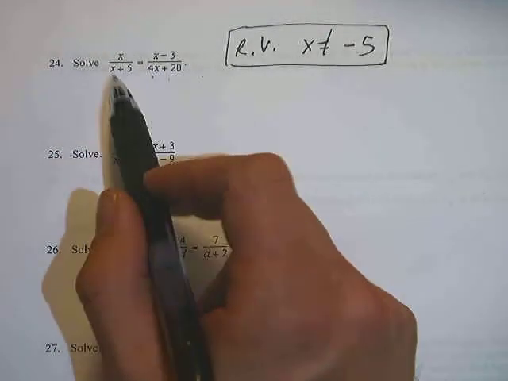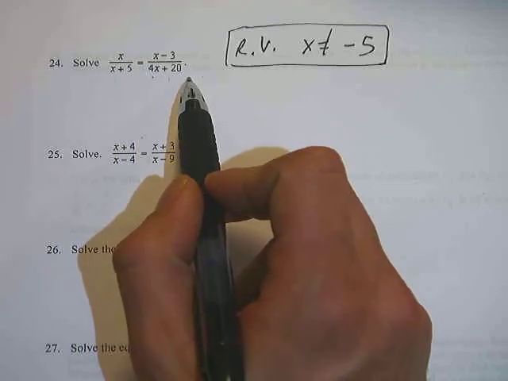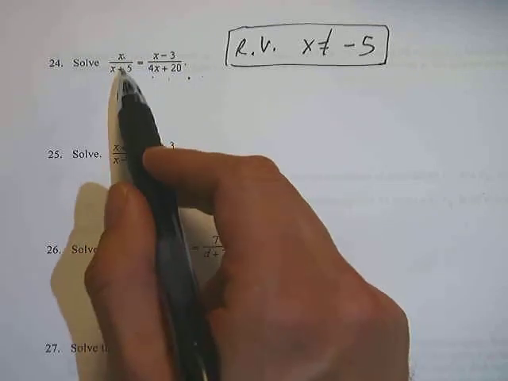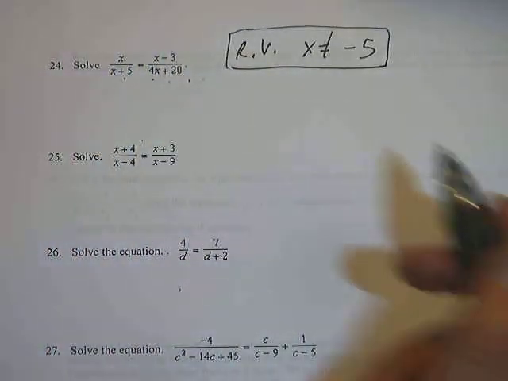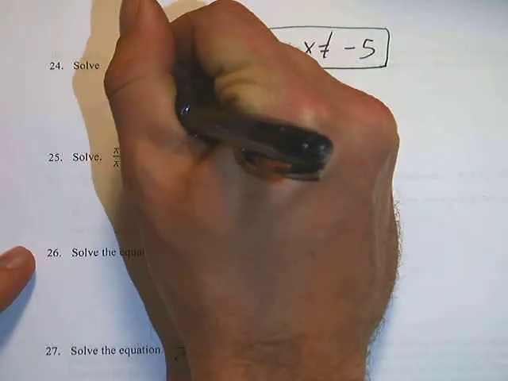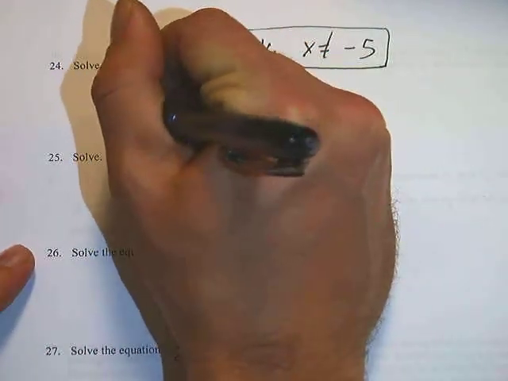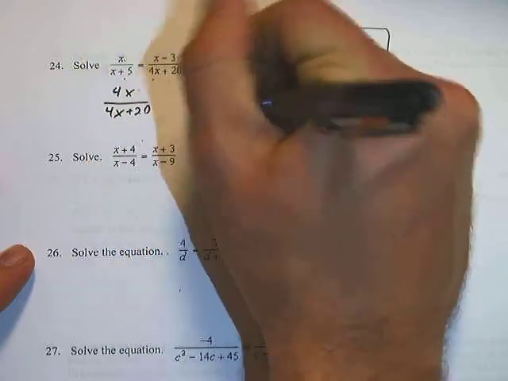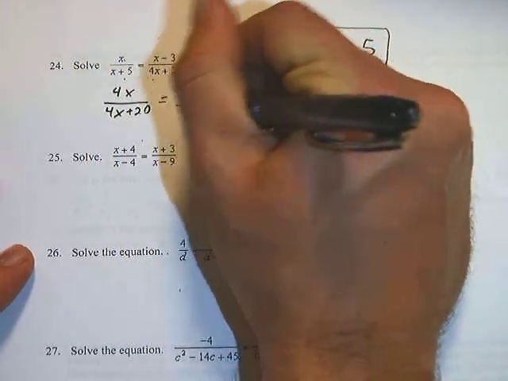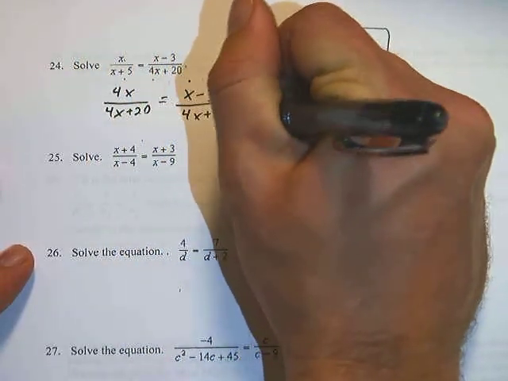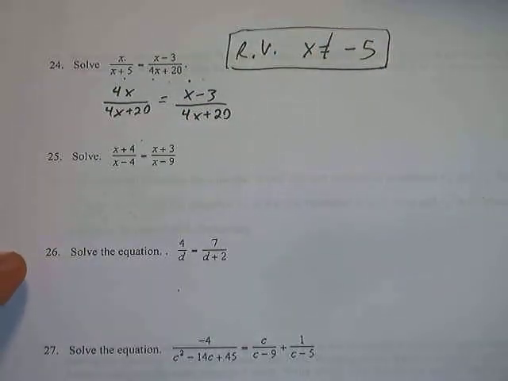Now that's actually going to inform what I do next. I'm going to try and make this denominator look like this denominator. The way I'm going to do that is multiply the top and the bottom of the fraction by 4. That's going to make this 4x over 4x plus 20 equals x minus 3 over 4x plus 20.